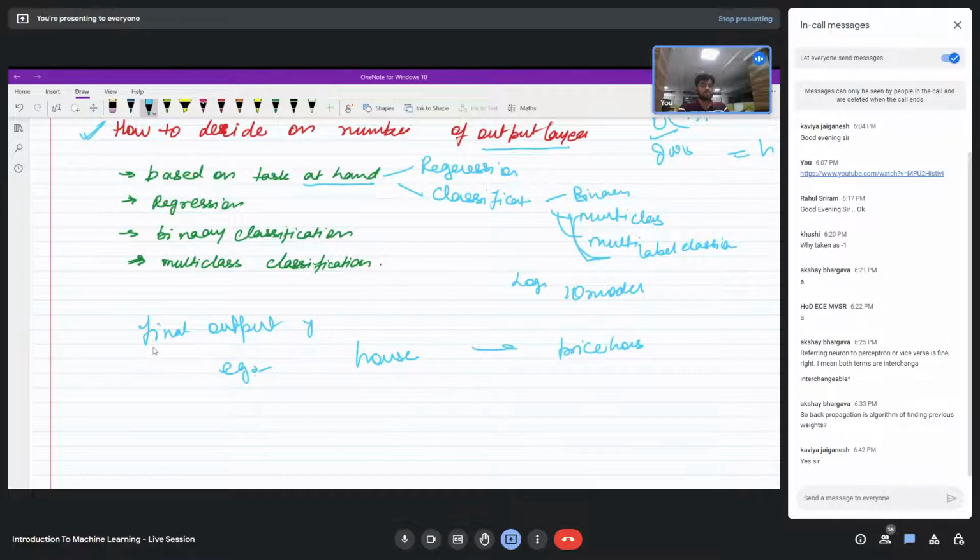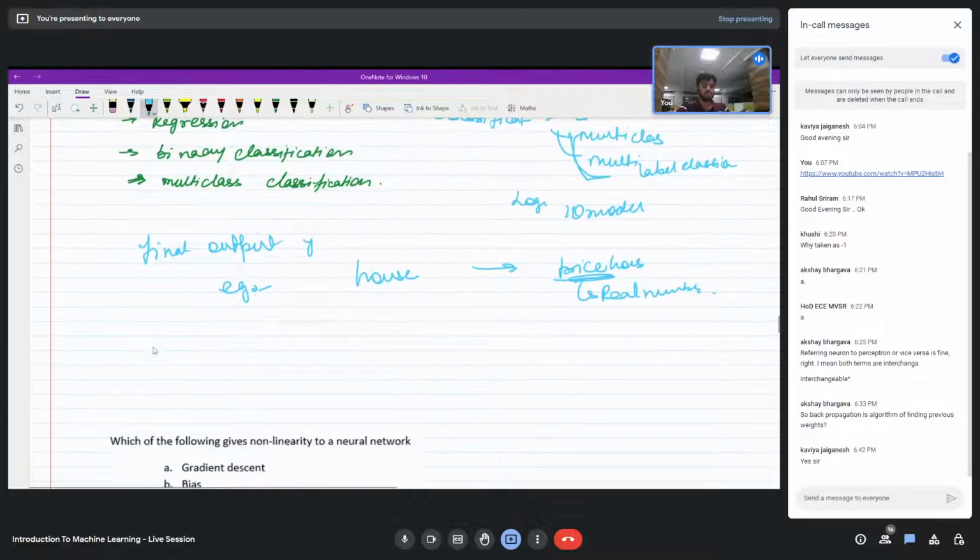So what is the final output that you want? This is a real number. So if you have a real number, what kind of output do you want? You would want a single output. What activation function to use, I'll come to in a minute or so. I'll cover it today.